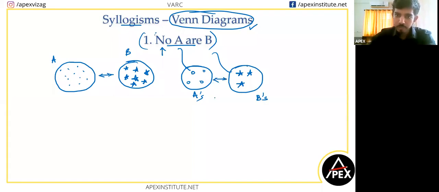They will not touch. They are called mutually exclusive events, right? Because these two shapes will always be different from each other. There are no common elements between the circles. So this is the meaning of no A is B.